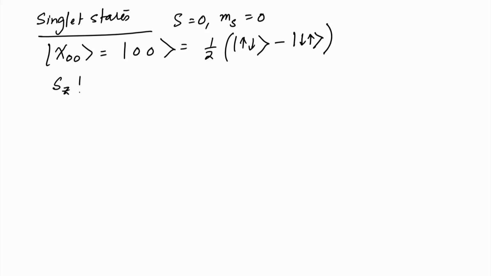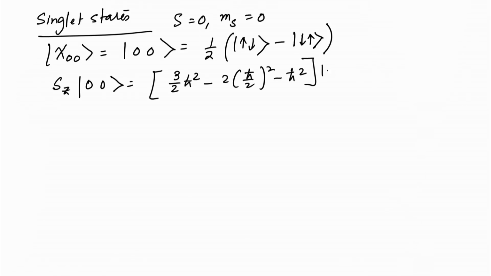S z acting on this |0 0>, that is S 1 z plus S 2 z acting on this, will give 3 by 2 ħ square minus 2 into (ħ by 2) square minus ħ square acting on |0 0>, and it will give me 0.